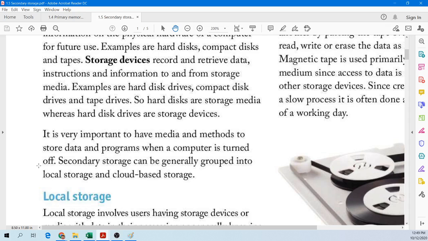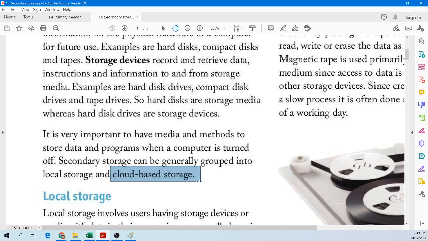So when we say local storage, it means that the storage is basically near us or is not too far from us. It might be in a computer inside of our house or in another room. Basically, it's inside the same building. But cloud storage now is basically like the opposite.